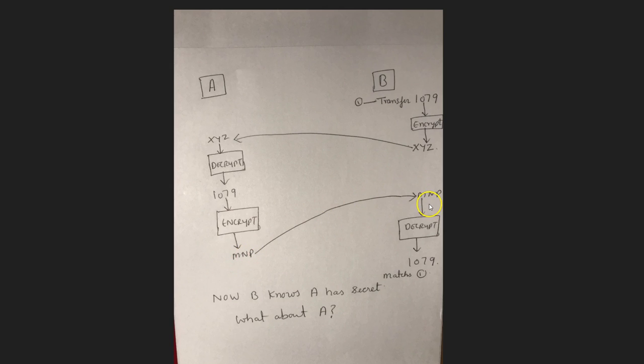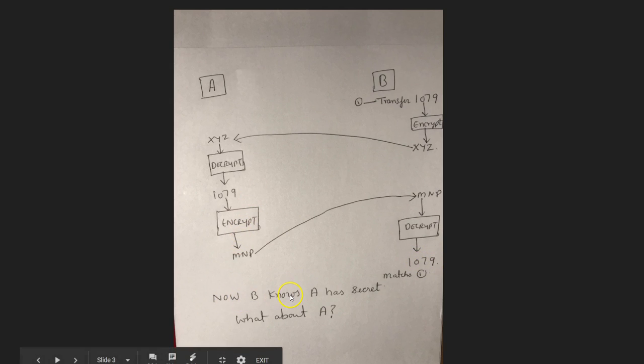Now what B does is decrypt MNP and it gets 1079. Now this matches. From B's point of view, B sent 1079 and it got back 1079.